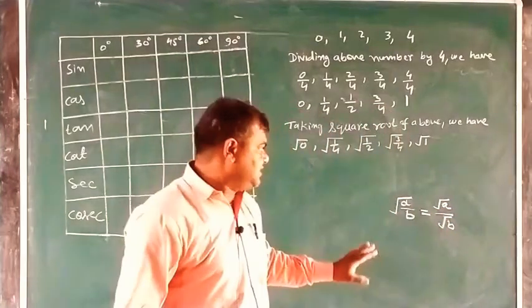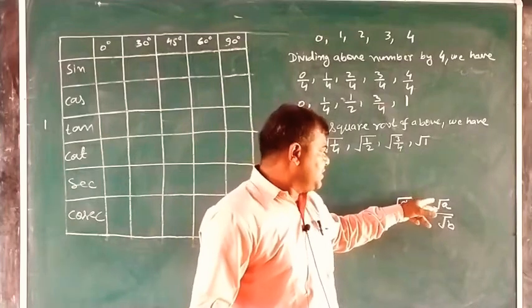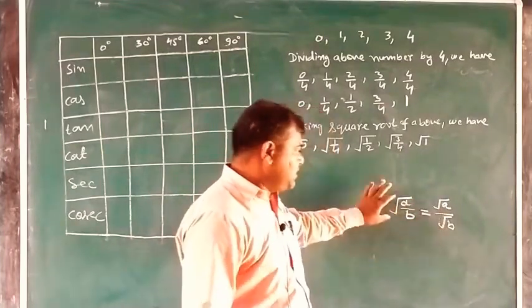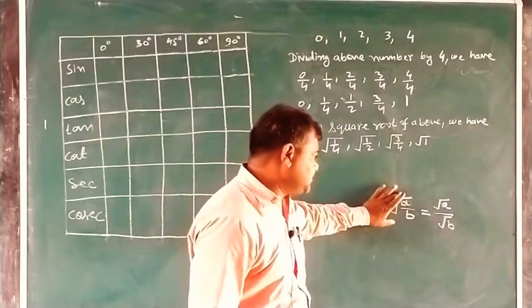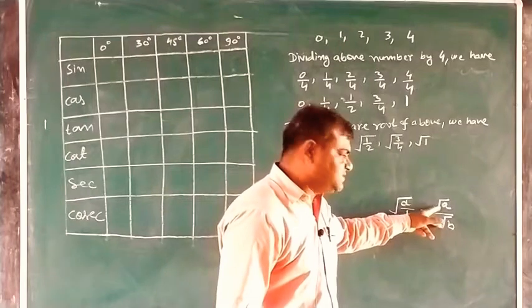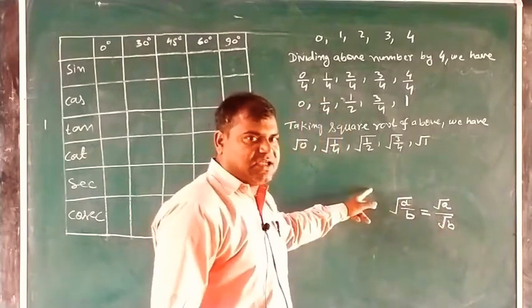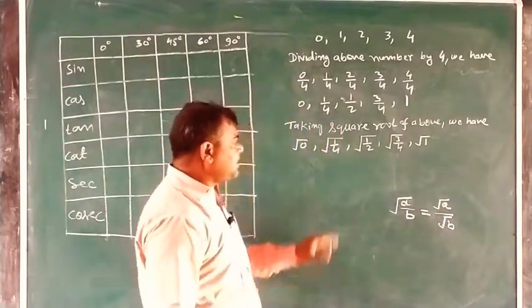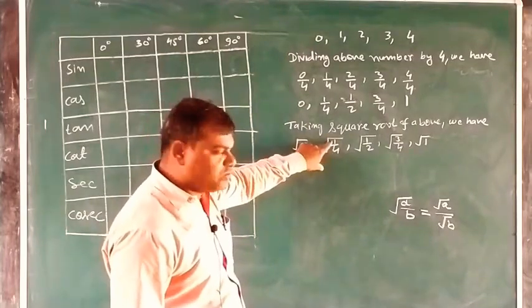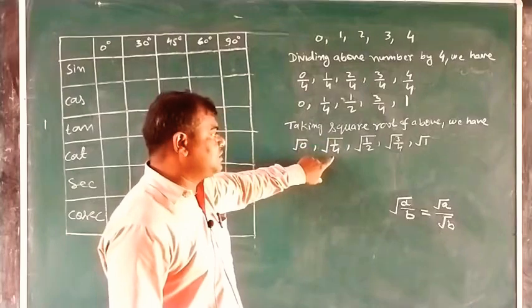We can write the square root of the numerator and the square root of the denominator separately. So under root 1 by 4 means under root 1 by under root 4.